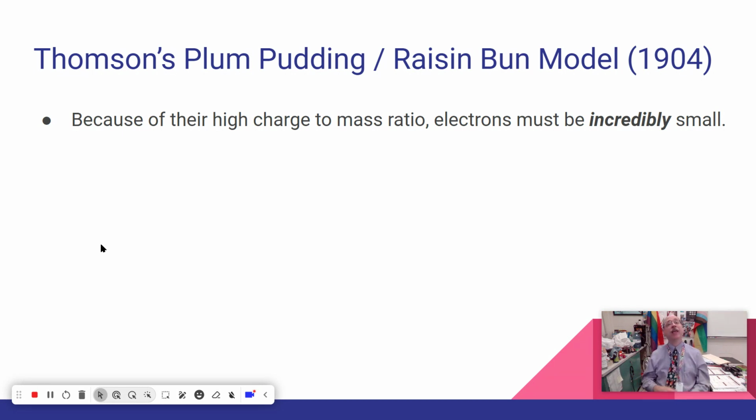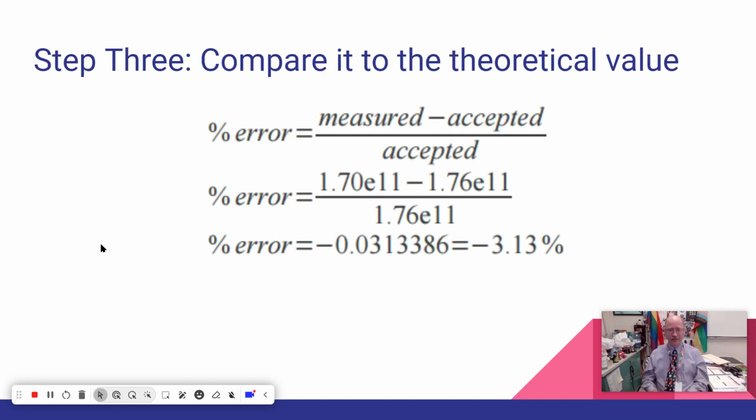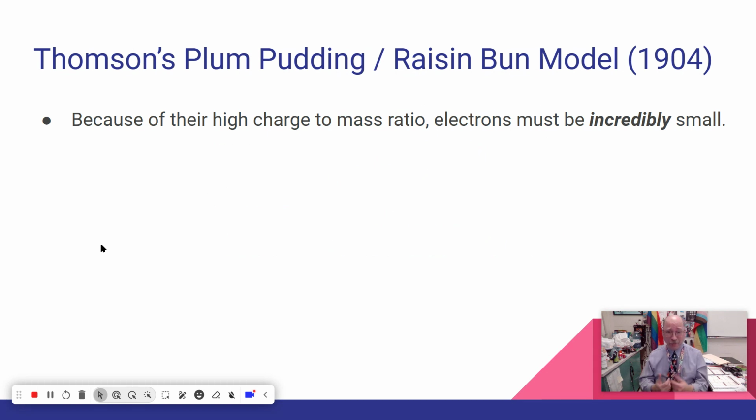Anyways, whatever. What J.J. Thomson comes to a conclusion about is that number, about 1.76 times 10 to the 11, coulombs per kilogram. That many coulombs per kilogram? Well, that must mean that the electrons are incredibly small, because if they had any sort of noticeable mass, the charge would be gigantic.